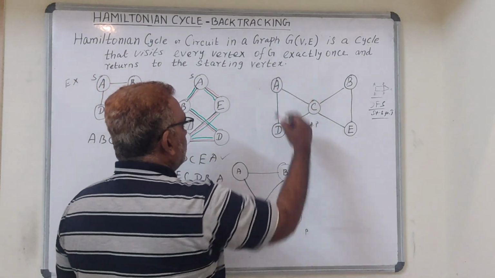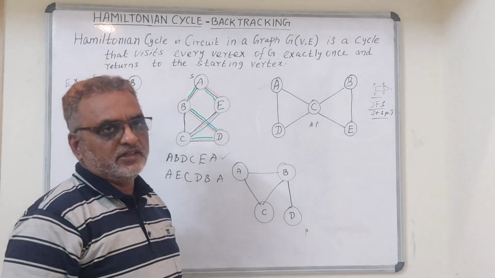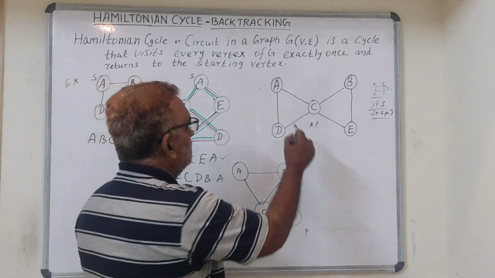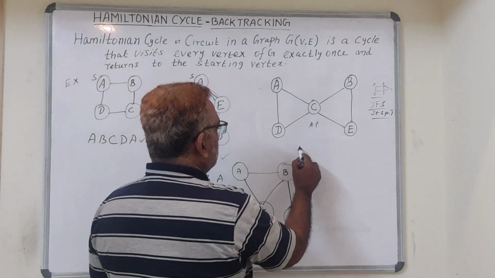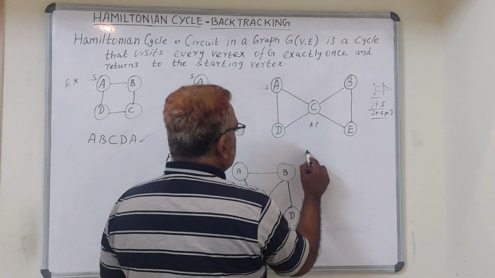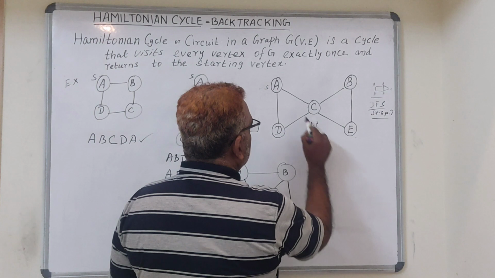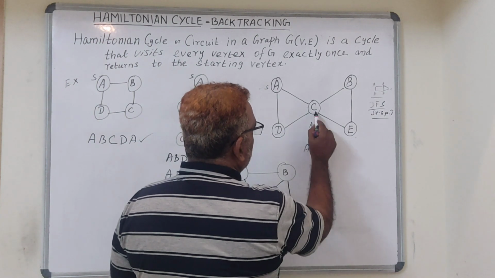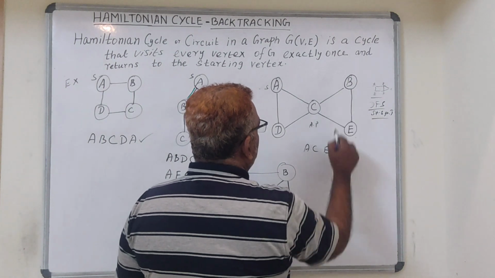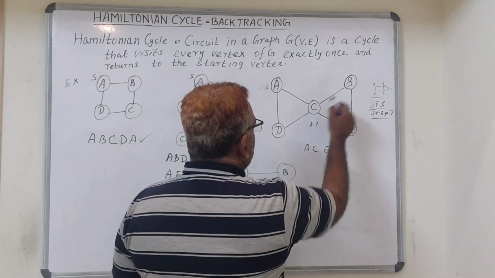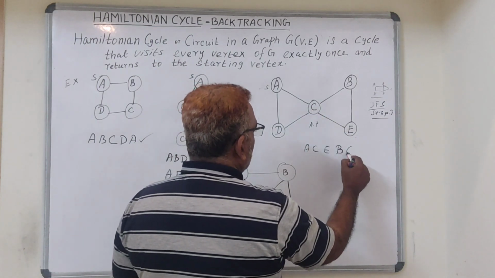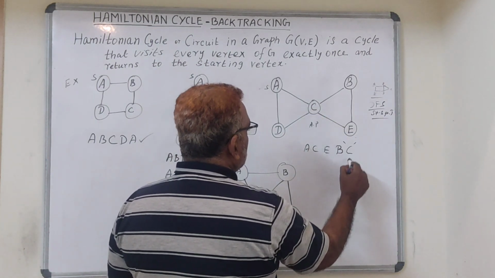Let us take this example in which the Hamiltonian cycle is not possible. Let us consider the starting vertex is S. From S, you can travel to C, from C to E, from E to B, but again you need to pass through C, which is not permitted.